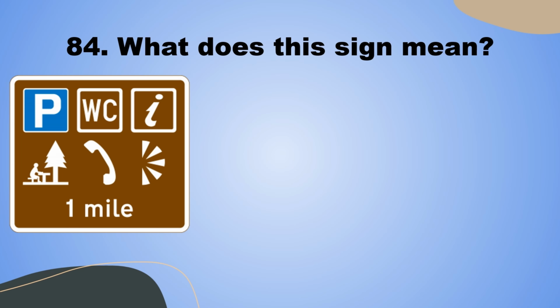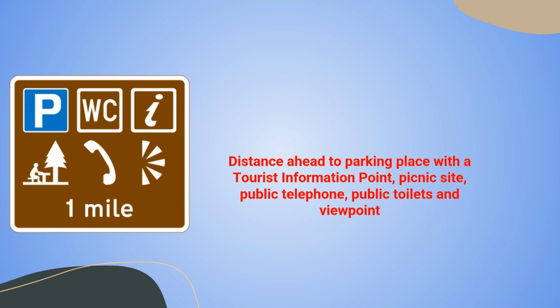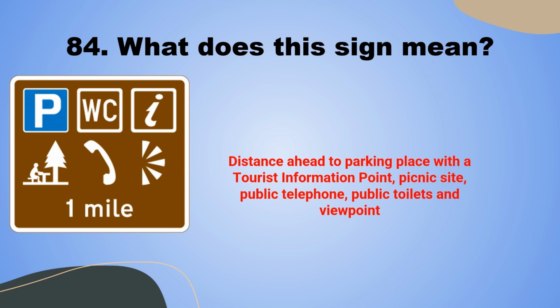Now remember that this is on a brown background, so it's got to do with tourists, right? Let's see what it means. Distance ahead to parking place with a tourist information point, picnic site, public telephone, public toilets, and viewpoint.